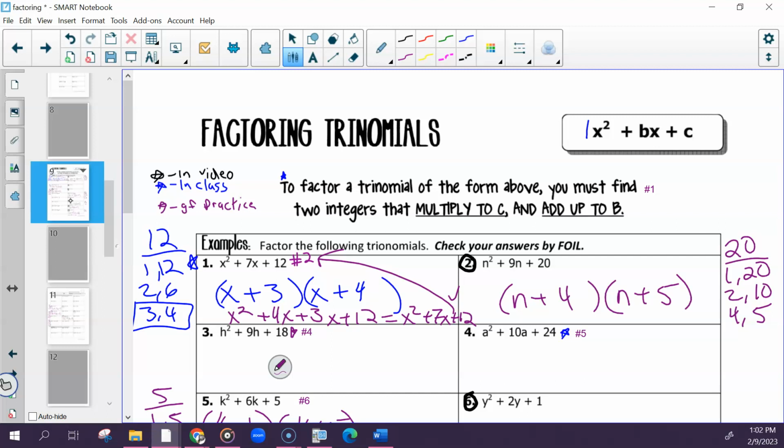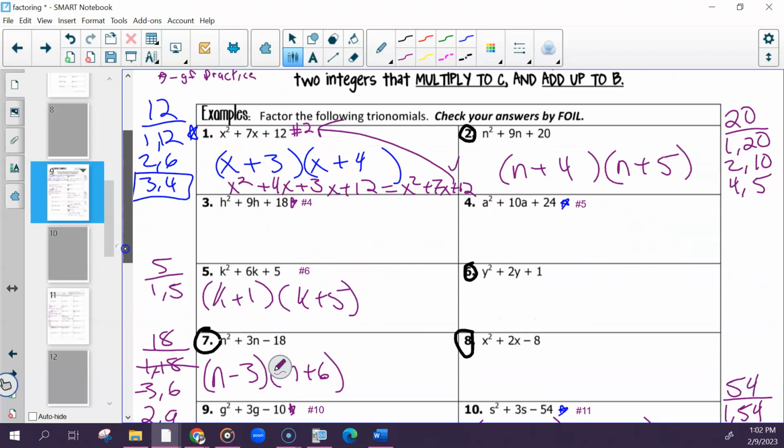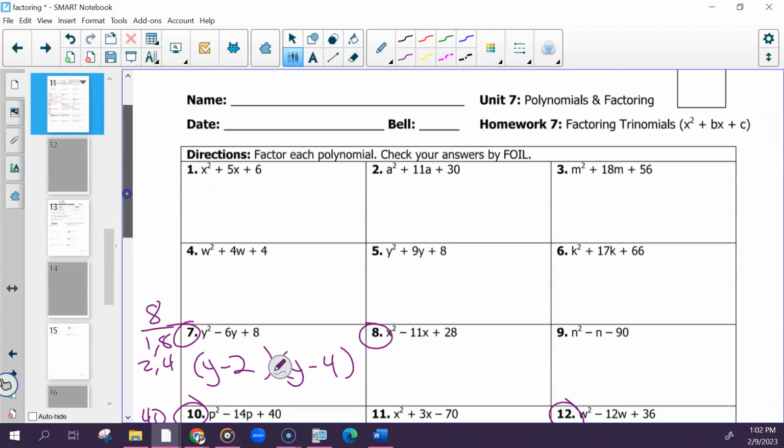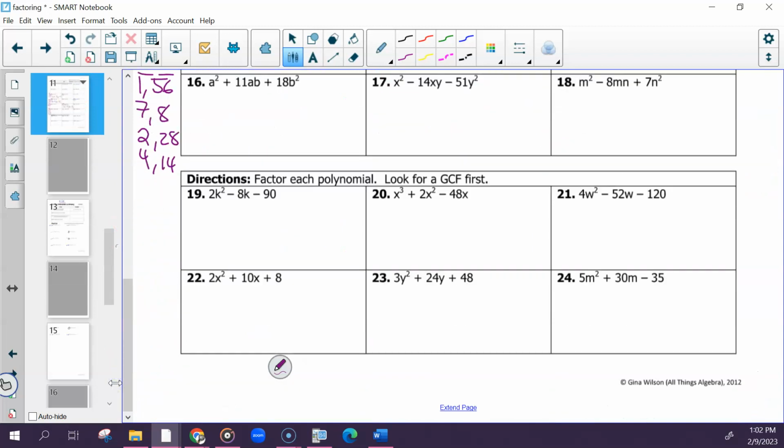If none, on the back, we're going to do a few problems from this section.